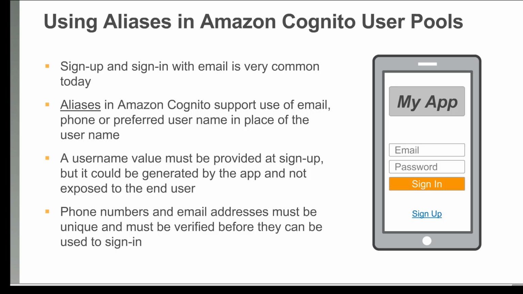So if a user first signs up with an email address, they need to verify that email address before they can use it as an alias. And also that these aliases, since they're used to identify the user, must be unique. So for example, if you're using email as an alias, you can't have two users sharing the same email. You have to have just one user with each email address.